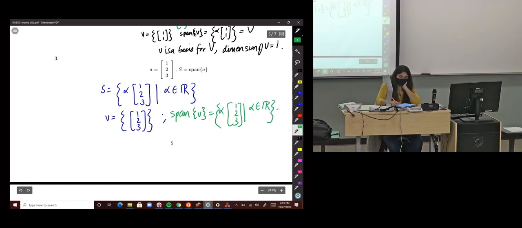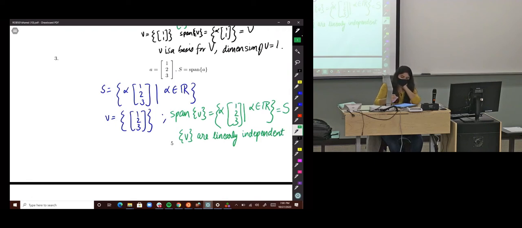What is this? This is exactly S, and also the elements in v are linearly independent because there's only one element, so it has to be independent, and it's not a zero element. If it was zero, then it wouldn't be.